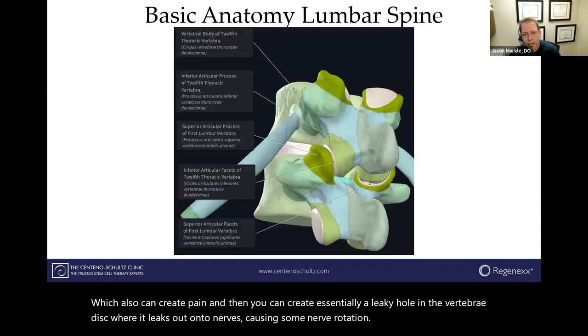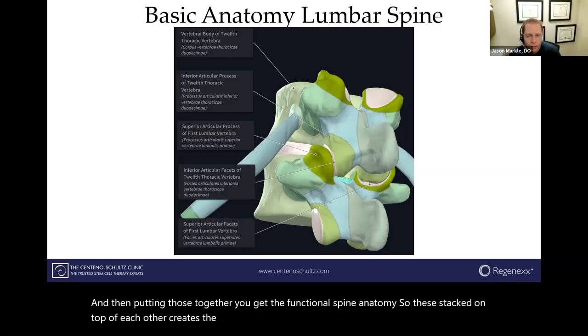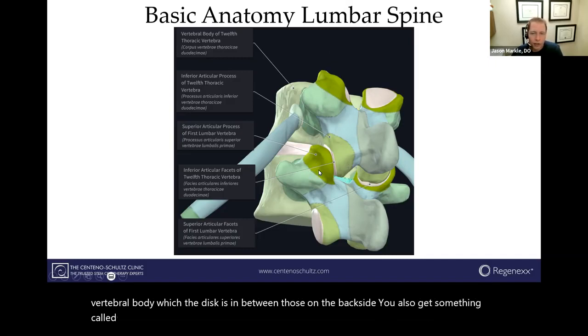And then putting those together, you get the functional spine anatomy. These stacked on top of each other create the spinal column itself. They connect in the front via the vertebral body, with the disc in between. On the back side, you also get the facet joint, which is the posterior connection joint between each vertebra.